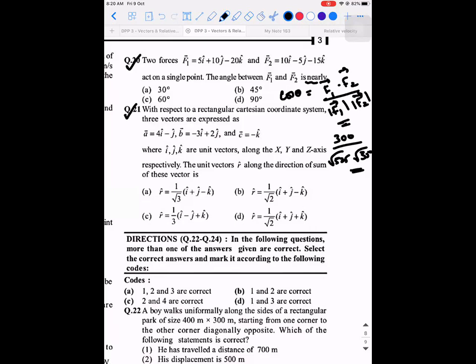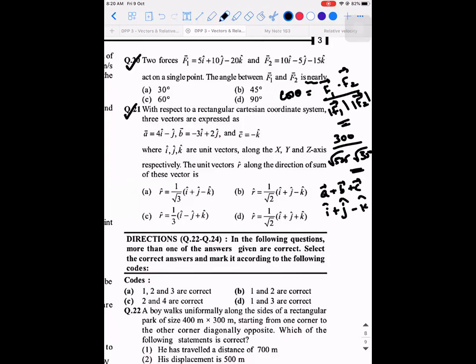So A vector plus B vector plus C vector is what? 4 minus 3, 1. That is I cap plus 2j cap minus j cap, that is j cap, minus k cap. Did you guys understand what I did?